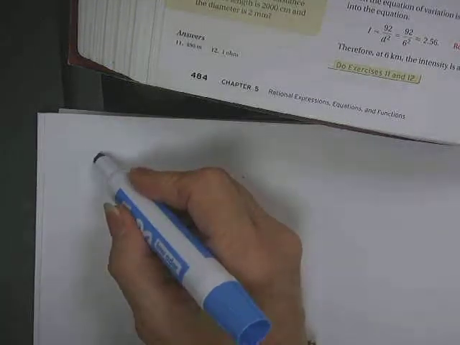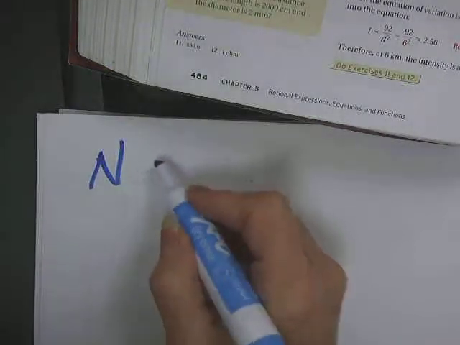Okay, let's write down the numbers and see what we're supposed to do with them. I don't know why we need to use N for the number of aluminum cans, but it says use N for the number of cans.